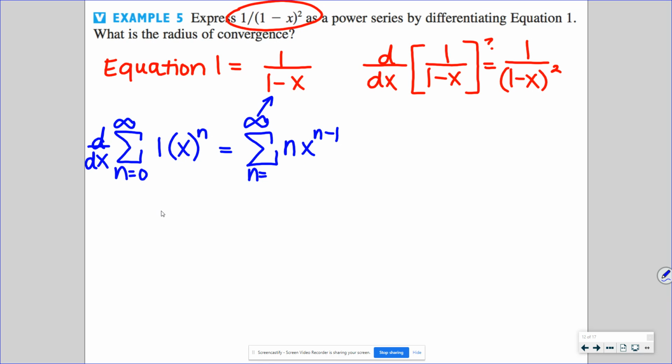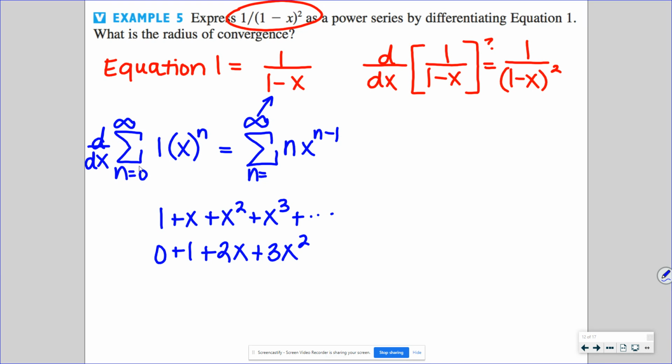And when I say lose a term, remember how x to the n represents 1 plus x plus x squared plus x to the third and so forth? Well, what's the derivative of 1? It's 0, right? So you would end up with 1 less term than what you started with. So when you write your series setup, you're going to put n equals 1 here instead of 0 because you took a derivative. So you now have 1 less term than what you began with.